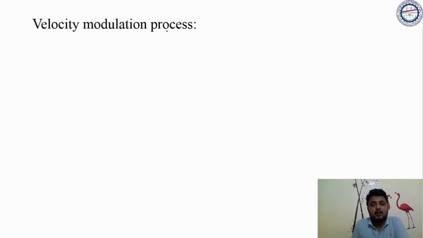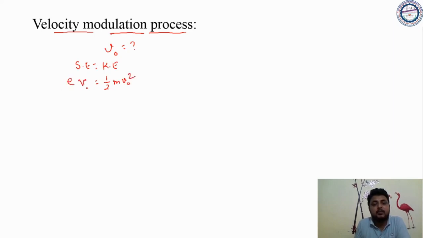To understand the velocity modulation process, first we need to understand what the velocity V0 is in terms of the DC voltage. At the cathode we have applied DC voltage V0. In that case, the potential energy should be equal to the kinetic energy. The kinetic energy gained by the electron is half m v0 squared, and the potential energy is the electronic charge into V0.